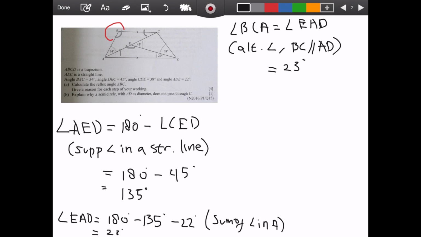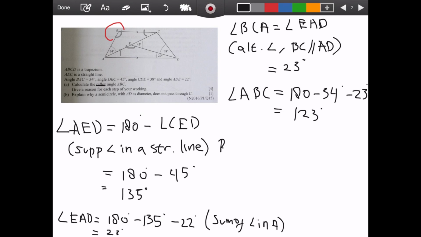So now let's find out what the angle ABC is. It's equivalent to 180 minus 34 degrees minus 23 degrees. This is equal to 123 degrees. And the question asks us, remember, for a reflex angle.